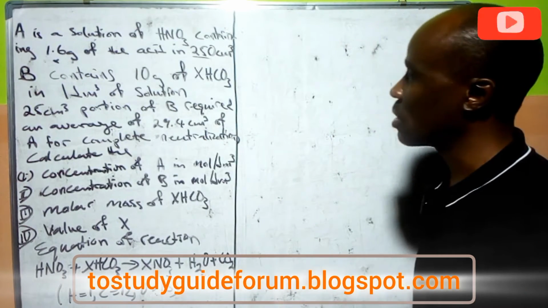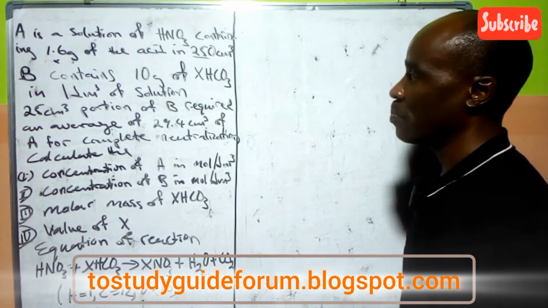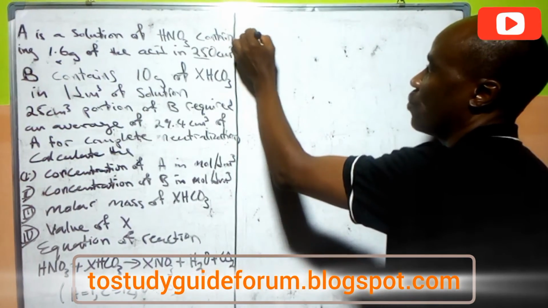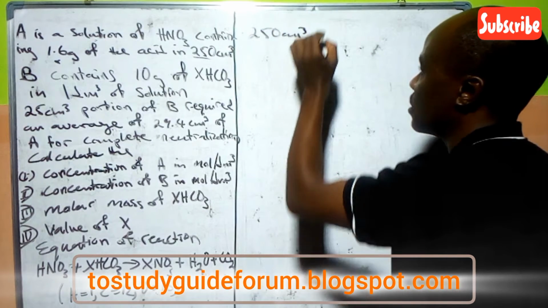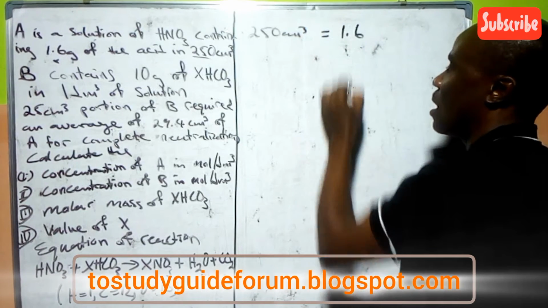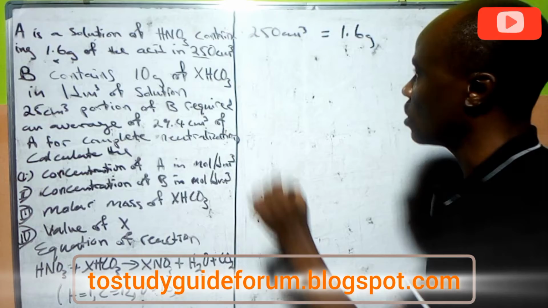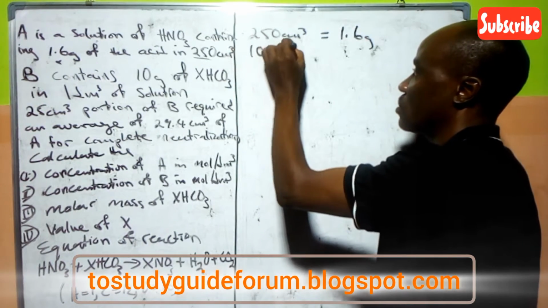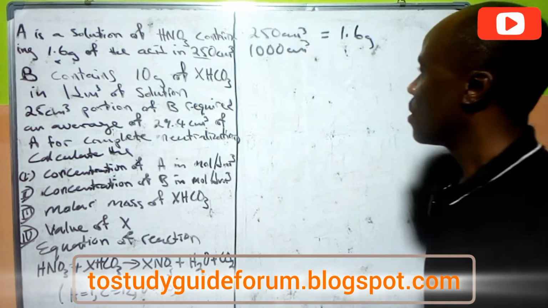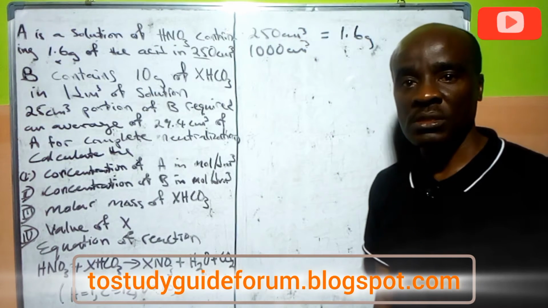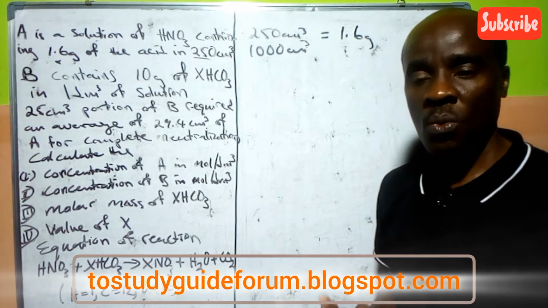So now let's quickly do it. It means that from the statement we have here, 250 cm cube of the acid has 1.6 grams. So what is the 1000 likely to be? We know that 1000 cm cube is equivalent to what? 1 dm cube or 1 liter.